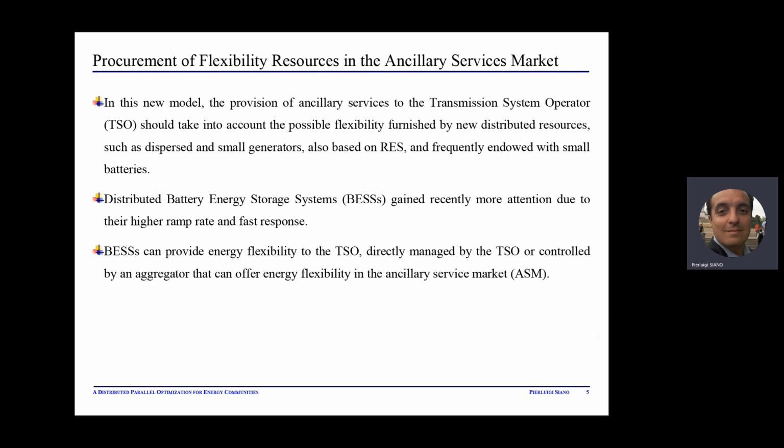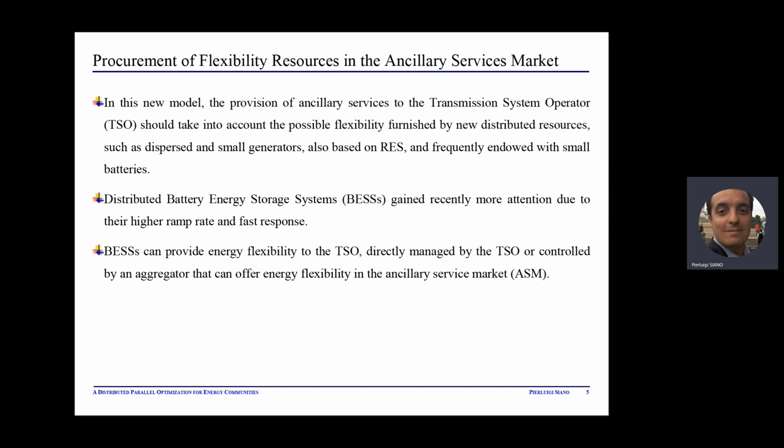In particular, distributed battery energy storage systems, also of small scale, that were mainly used to decrease the uncertainty due to renewable energy sources and to increase the energy self-consumption for the end users, can be also managed to provide energy flexibility to the transmission system operator.